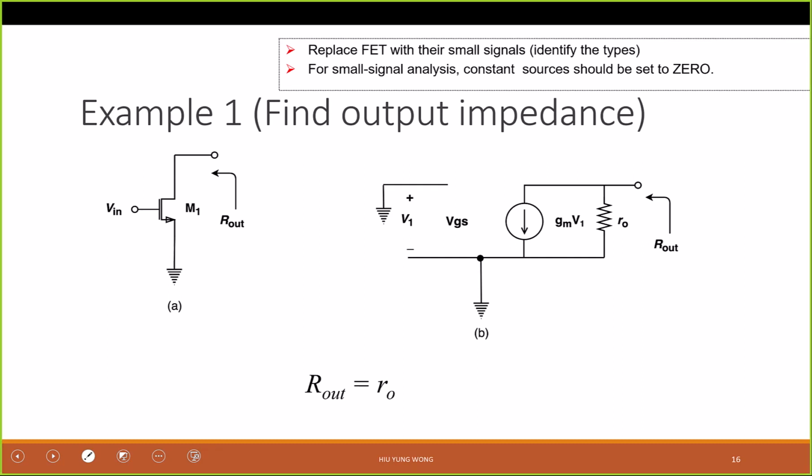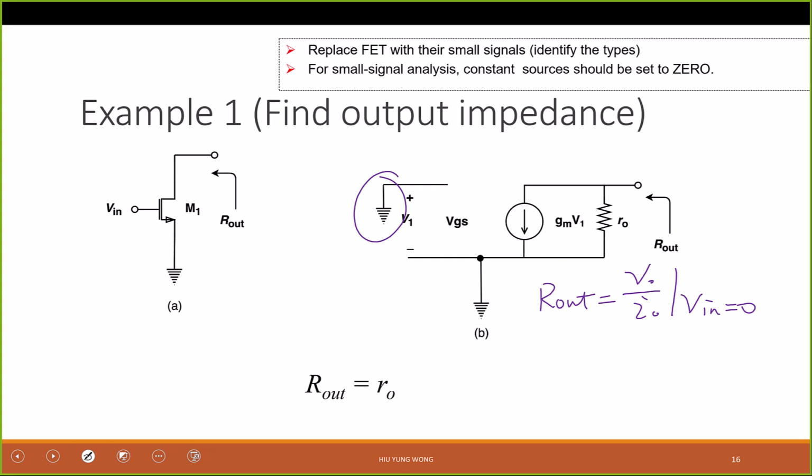Very good. R out equals to V out divided by I out when V in equals to 0. And what is V in? This one. VGS equal to 0.